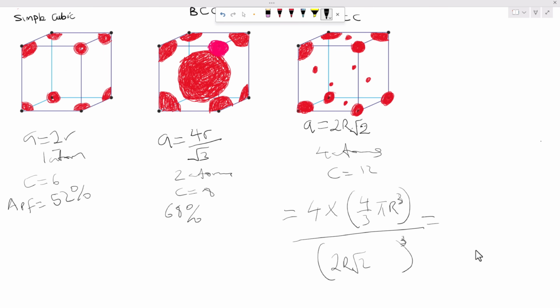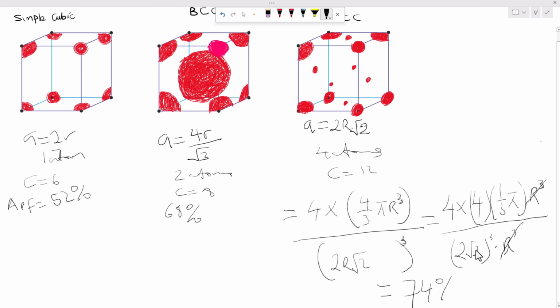So you can do the same thing we did here, which was 4 times 4 times 1 over 3 pi, then r cube over 2 root 2 cube times r cube, so r cancels r, then your final answer should be 74%.